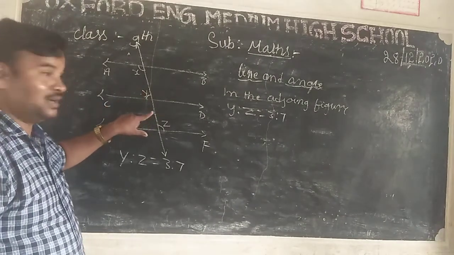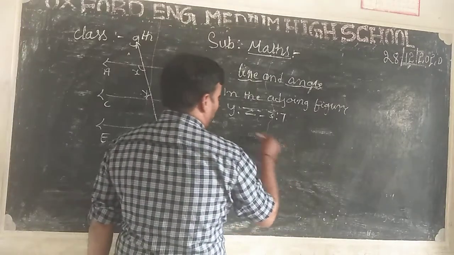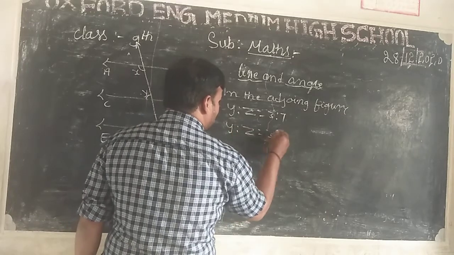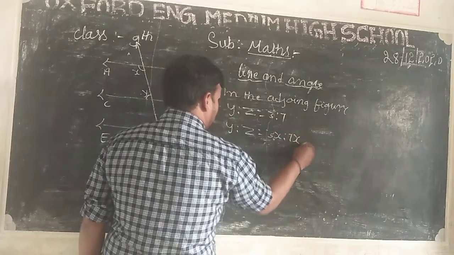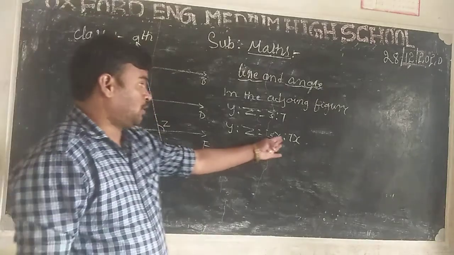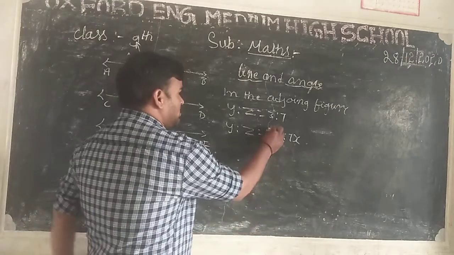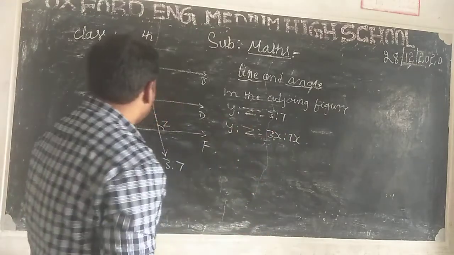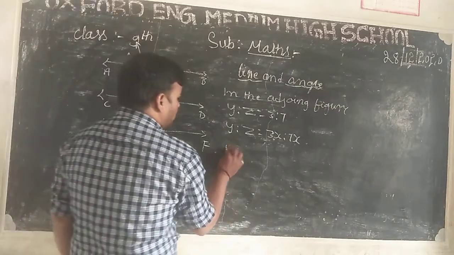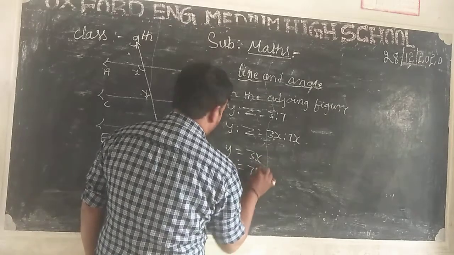So you should take an unknown value x. Y is to z is equal to 3x is to 7x. You should take it in the form of x, and write 3x and 7x. So y is equal to 3x and z is equal to 7x.